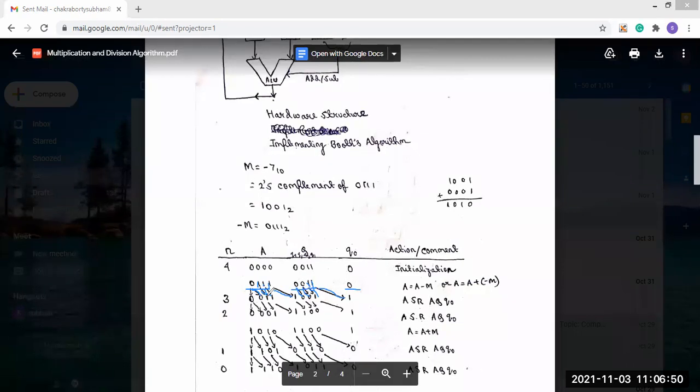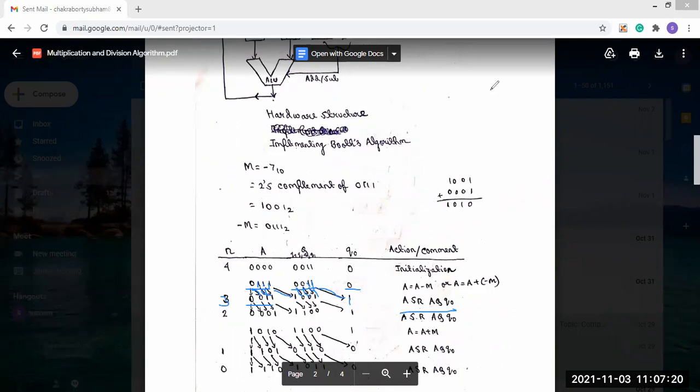This last 0 gets lost because it shifted one position right. After shifting one position right we get 0 0 1 1 1 0 1 1 0 0 1 and 1. After the arithmetic shift right of A, Q and Q0, and n equals n minus 1, it becomes 3 now.